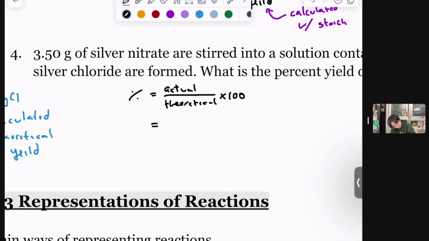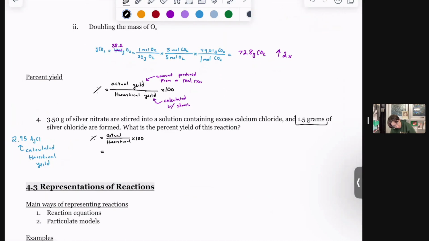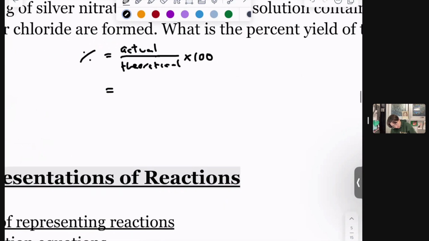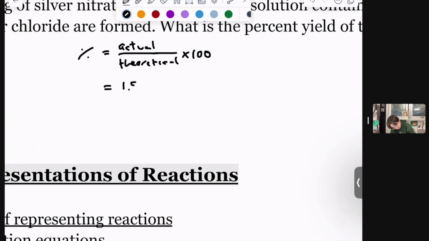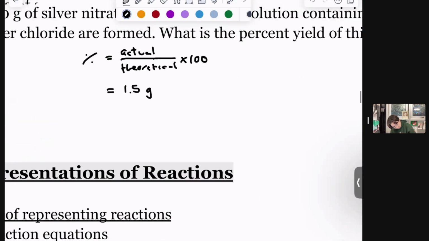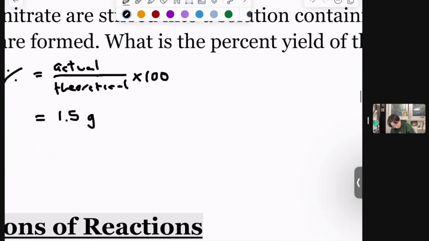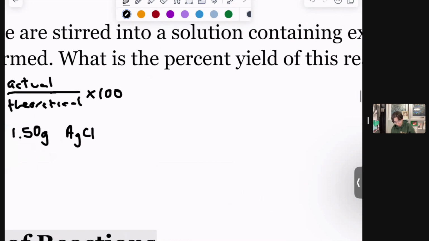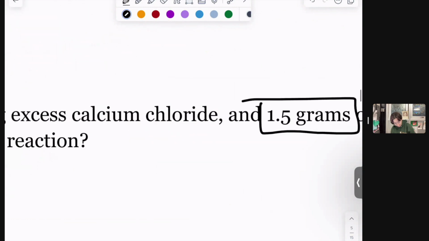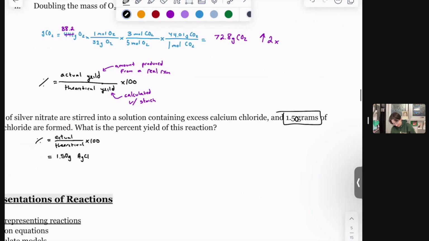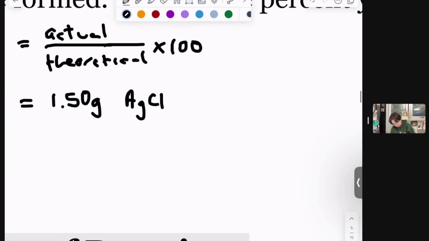So my actual, it says that I only got to make this many grams of silver chloride. Let's pretend that I said that so that it can be 3 sig figs. I just made this up. Let's pretend I made that much.